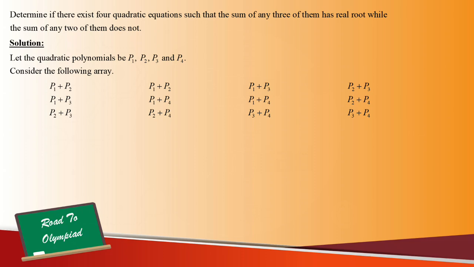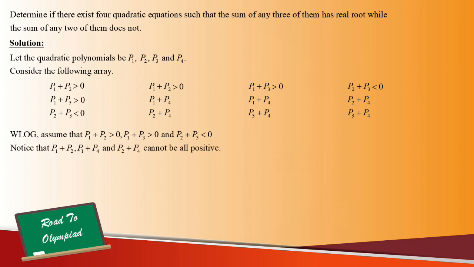So consider the first column. Without loss of generality, we can assume that P1 plus P2 is positive, P1 plus P3 is also positive, while P2 plus P3 is negative. Notice that from the second column, P1 plus P2, P1 plus P4, and P2 plus P4 cannot be all positive.